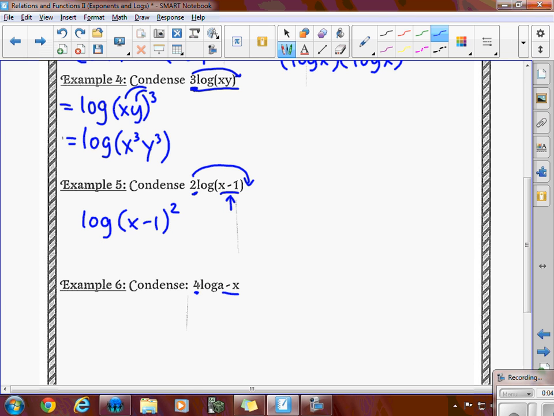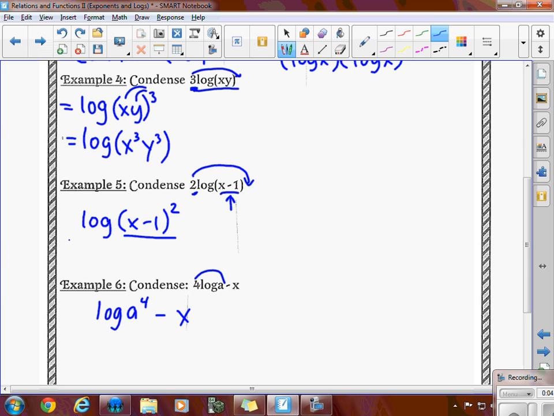I cannot do that in example 6. In example 6, the 4 does not go onto a minus x. The 4 would only go right onto the stuff of the log. So the 4 could be put back up as the exponent of log a to the 4th, and the minus x has nothing to do but sit there. Now if I jump back up to example 5, this is one possible solution.